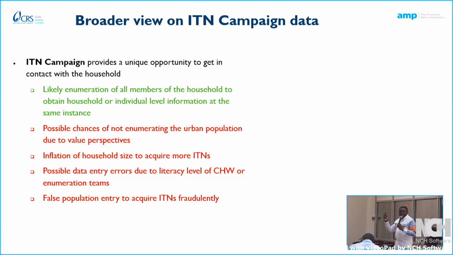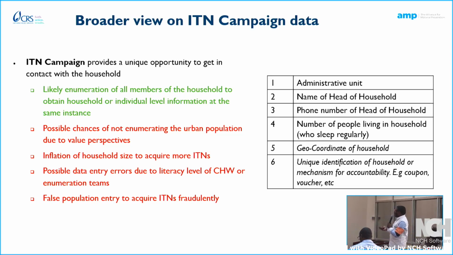Now, let's look at a typical ITN campaign data set. And let's just understand the kind of data we collect. So, as you can see, in most cases, we are able to establish the administrative unit. Then we have the name of the head of household, and then we have the phone numbers.